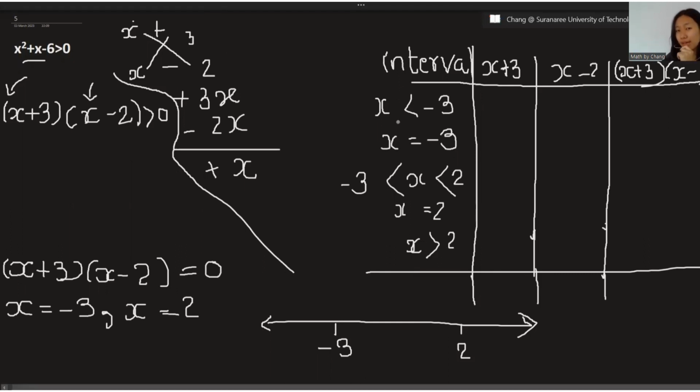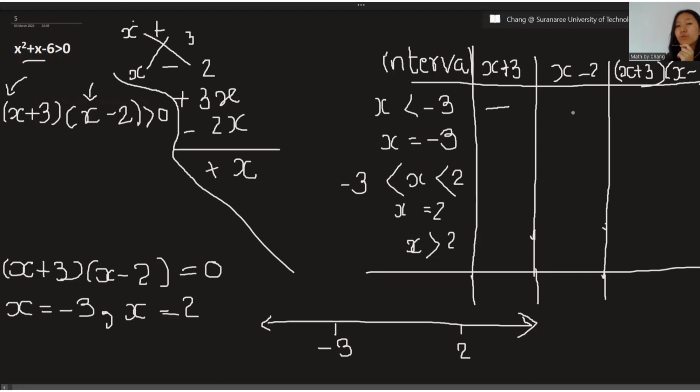All right, so when x is less than minus 3, you can consider any value less than minus 3. So for me, I will take minus 4 simply. Let's put minus 4 in the place of x. So minus 4 plus 3, what will you get? Minus 1, right? So I will put minus here.